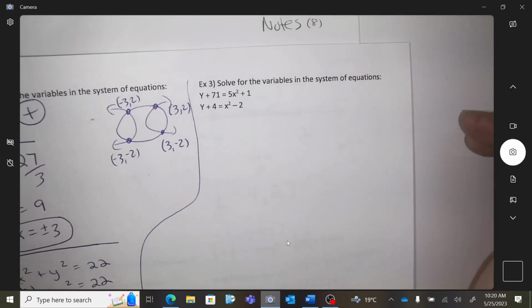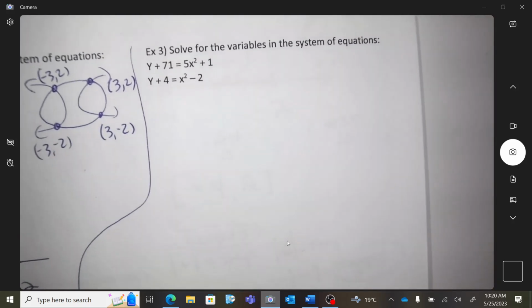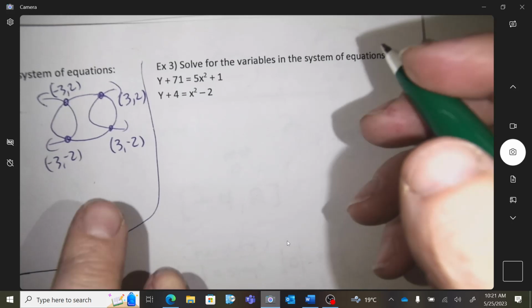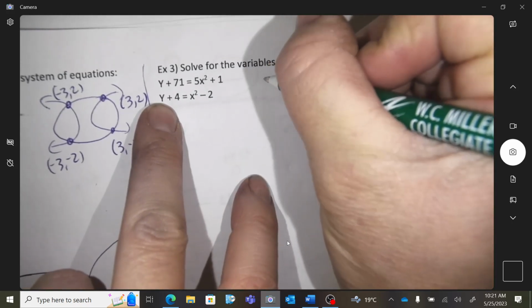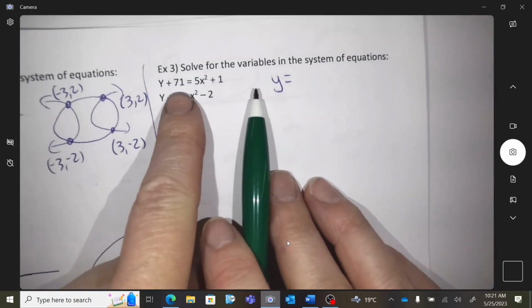Okay, next one. What kind of method would look the best? Substitution, elimination, or graphing it? I'm guessing none of you will pick graphing. But substitution or elimination? Which one? You can do either. I'm going to pick substitution just because we just did an elimination one. Here's what I'm going to do. I'm going to get just a y equals. So how would I get just a y equals?